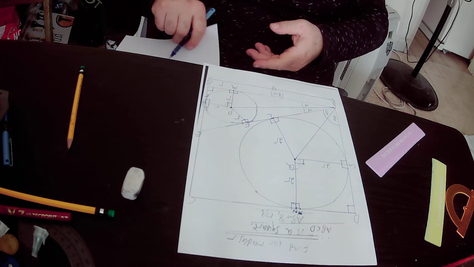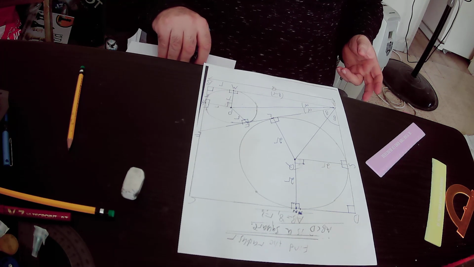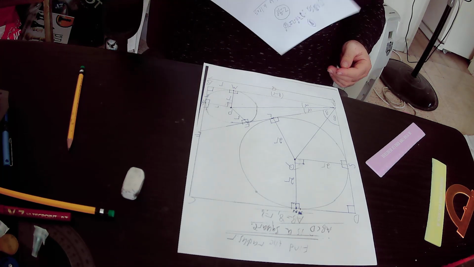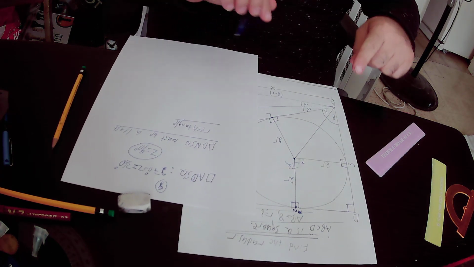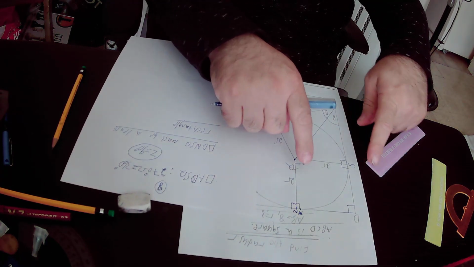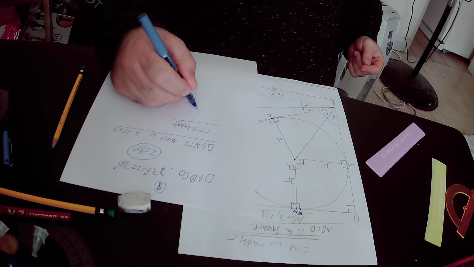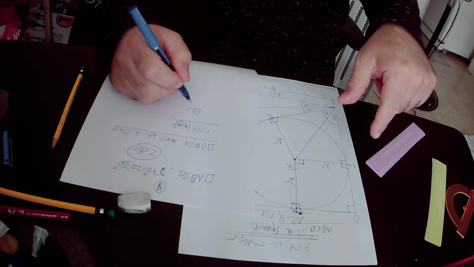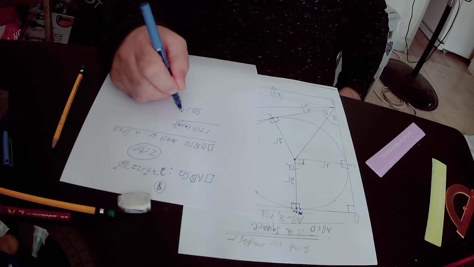And we have the rule that states that the opposite sides of any rectangle are equal to each other. That is to say, SQ equals DN, that is the opposite side of SQ.